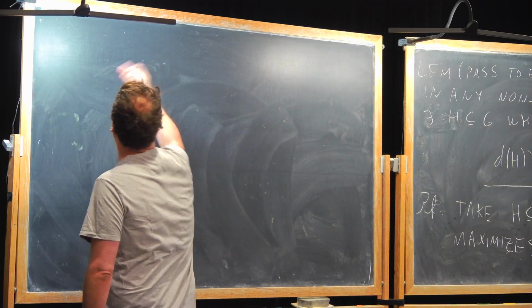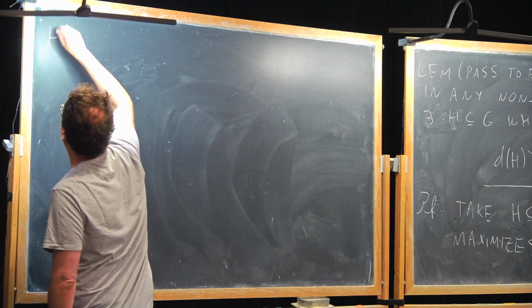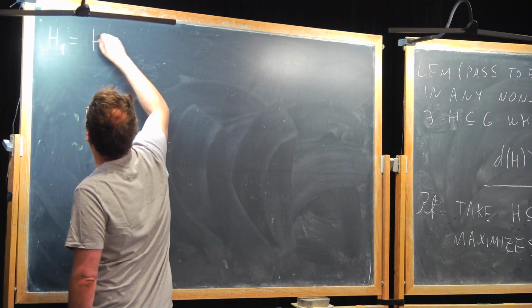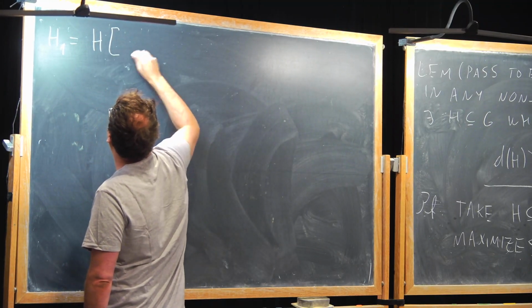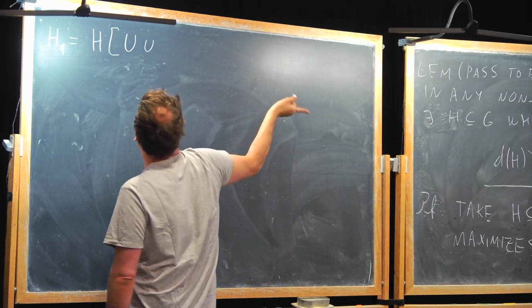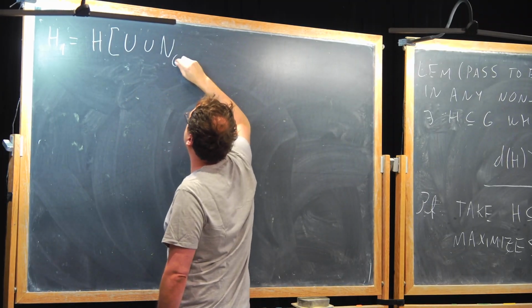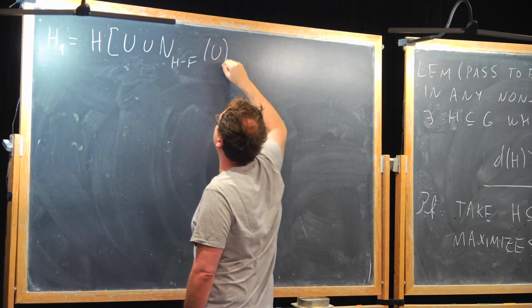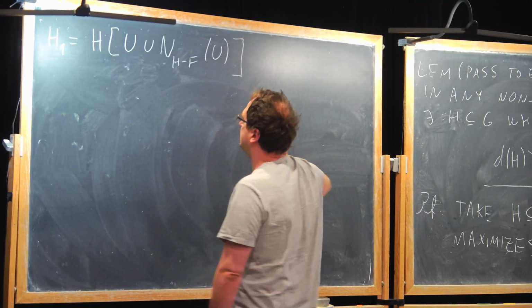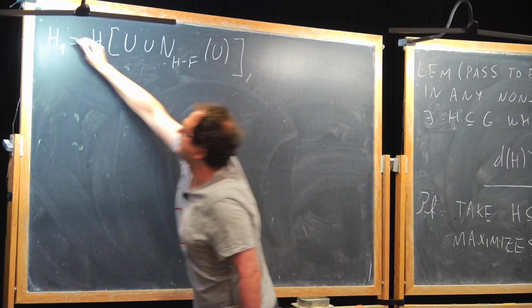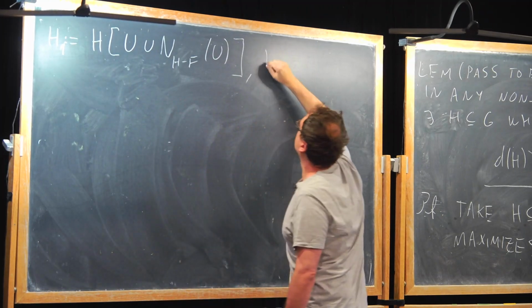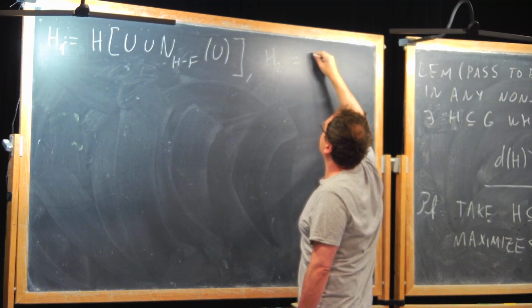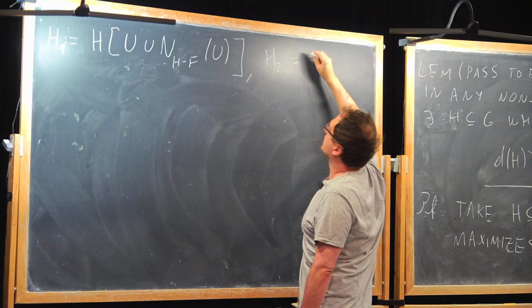The first one: let H1 be H induced on U together with its neighborhood in H minus F. So this is a definition. And let H2 just be its complement.